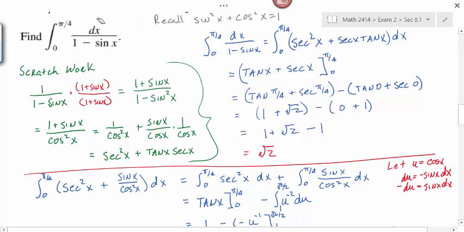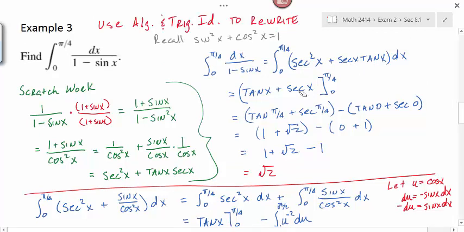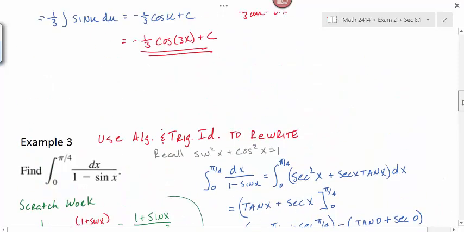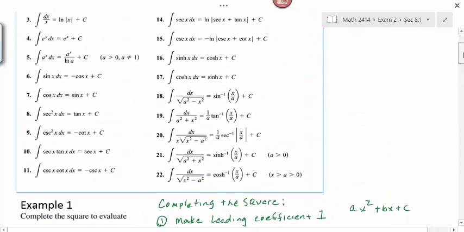Agreed? You can't change the value of the integrand. You can manipulate its appearance, though. The integral of secant x tangent x is secant x, because the derivative of secant is secant tangent. And if you look back up here at our table of identities, the integral of secant tangent is secant. This is one that you definitely want to have memorized because it comes up a lot.